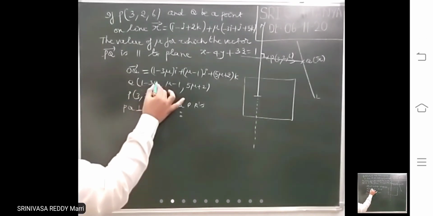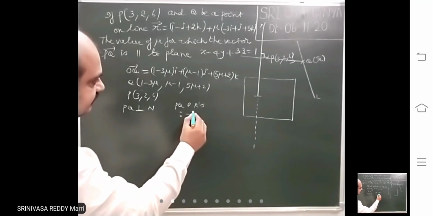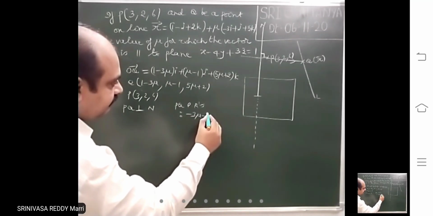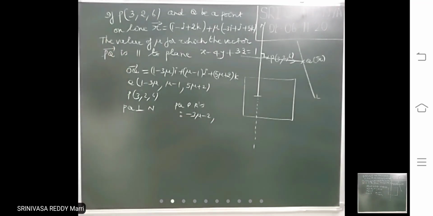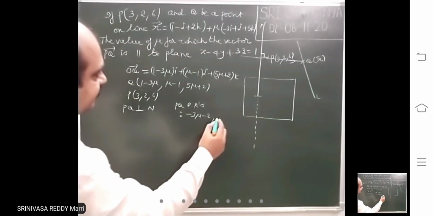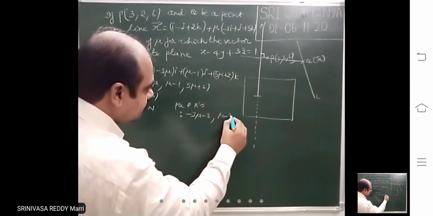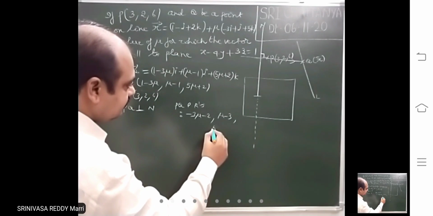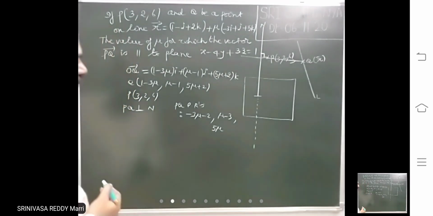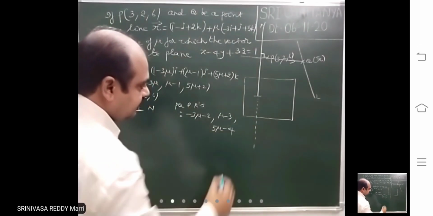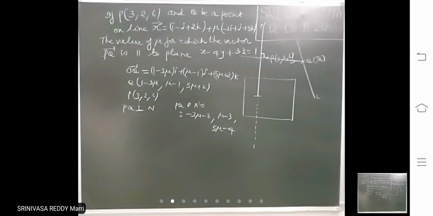So the DRs of PQ are 1 - 3mu - 3, mu - 1 - 2, and 5mu + 2 - 6. That is, -3mu - 2, mu - 3, 5mu - 4. So these are the DRs of PQ.